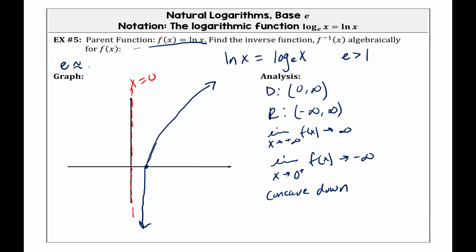It's 2.7183, right? And that's why I said that e is greater than 1. E and pi are just numbers, irrational numbers, but nonetheless, they are numbers.